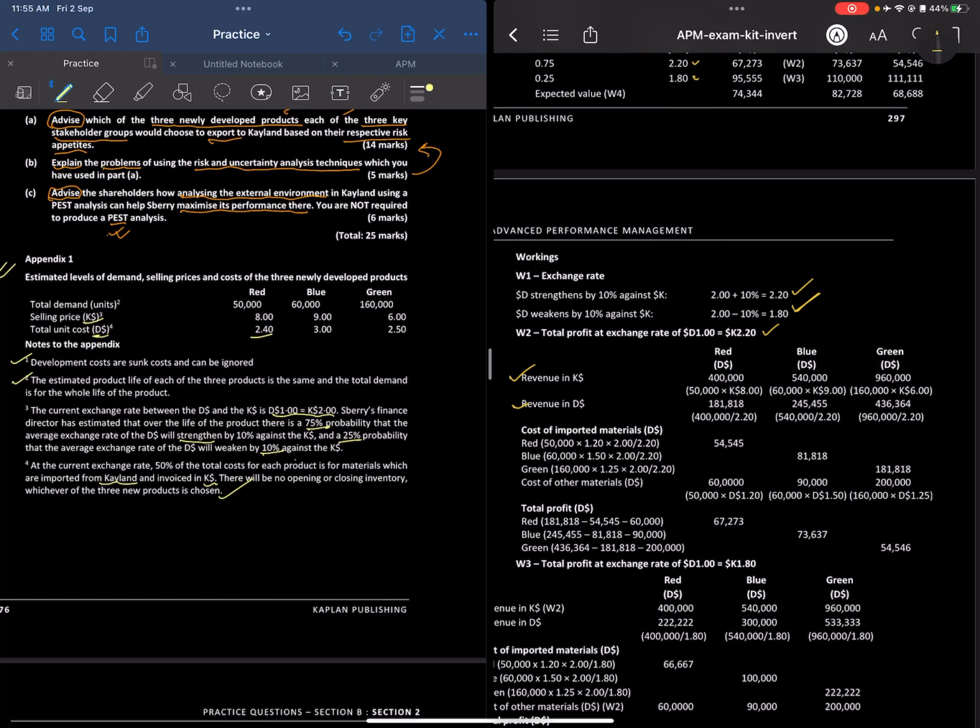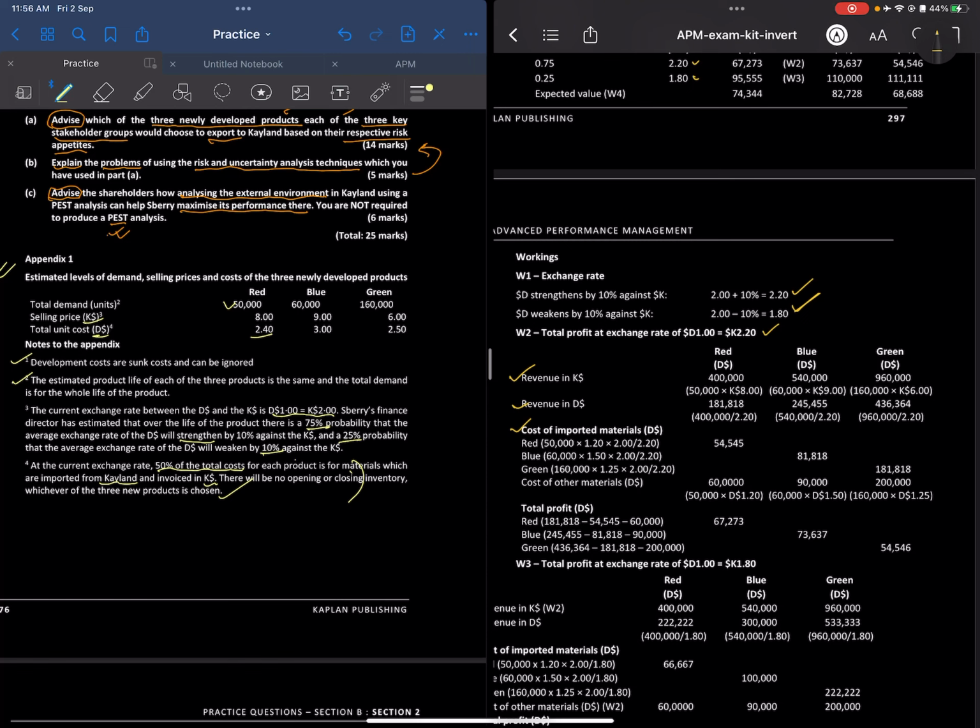So our cost is basically how much? Our cost is basically 50,000, that's the number of units, times 1.2, 50% of that cost. Remember, 50% of the total cost is for imported materials, and the other 50% is locally sourced.